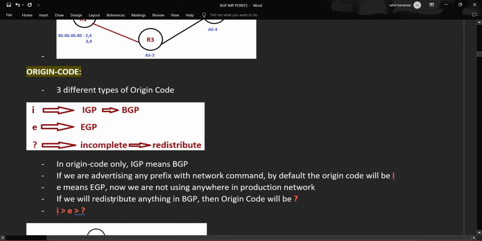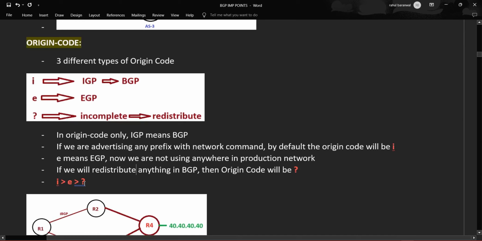And if we redistribute anything into BGP, then the origin code will be a question mark. Everything that I'm saying here we will show you during the practical part. Here I will be preferred over E, and E will be preferred over question mark.